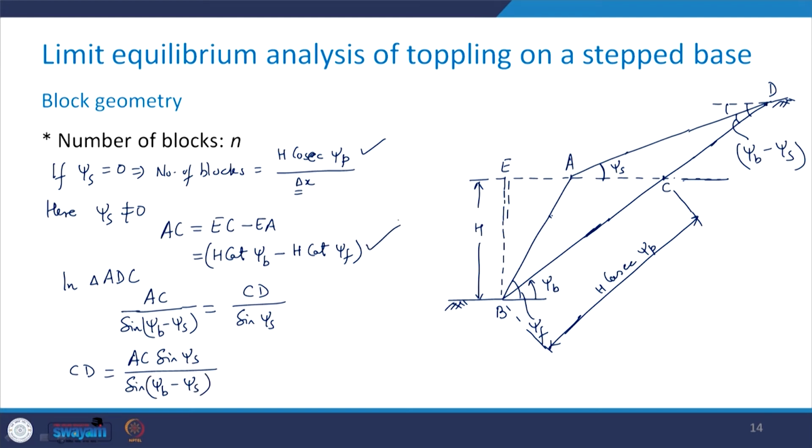Now, AC we have obtained here, so just substitute it here. What you will get is H, bracket, cot psi b minus cot psi f, into sine of psi s divided by sine of psi b minus psi s. This is what we are going to get.